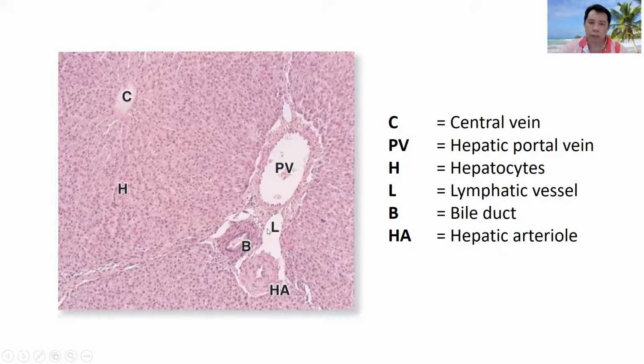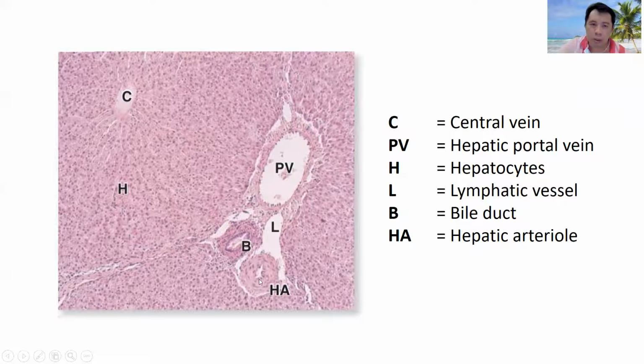This is a lymphatic vessel. We do not consider this one in our syllabus, but at least you know. In order to distinguish between the hepatic arteriole and the bile duct, because they are also small, these two are smaller vessels or ducts.